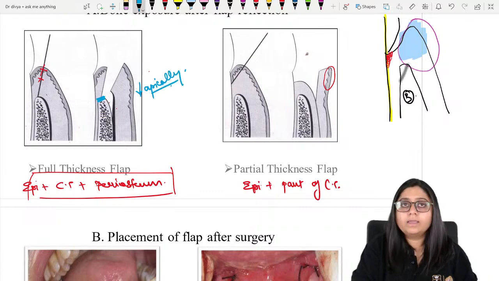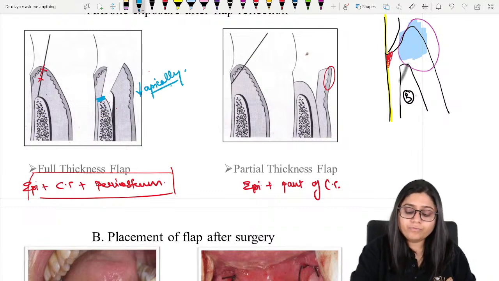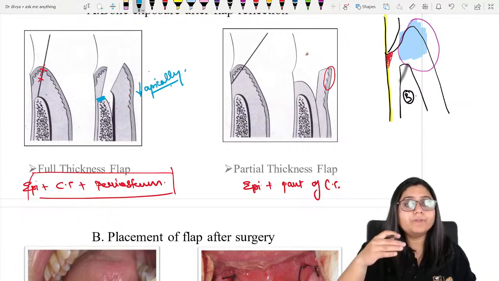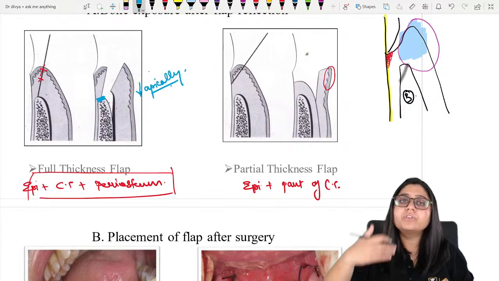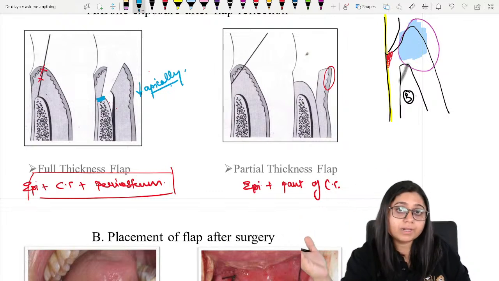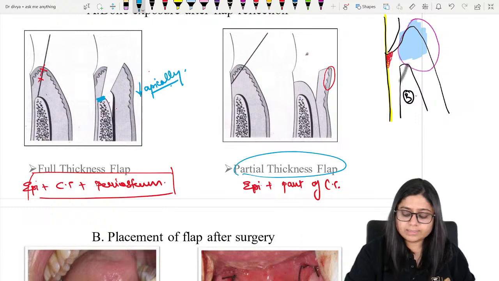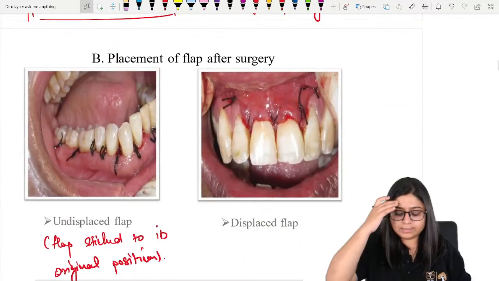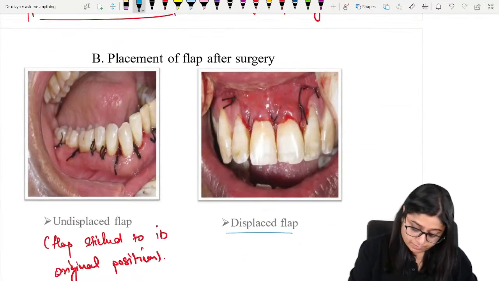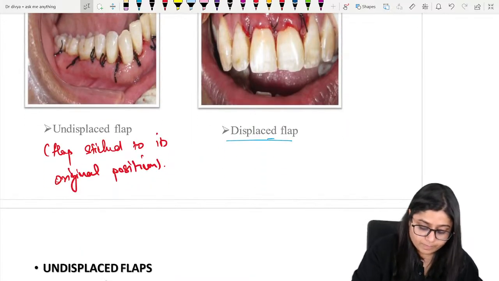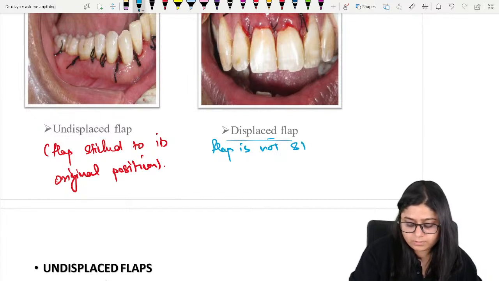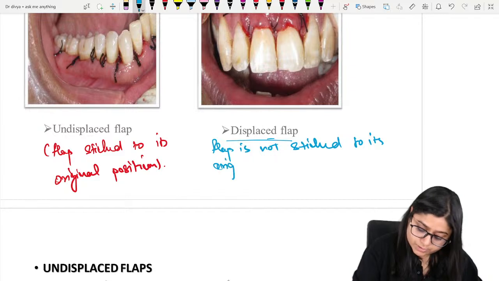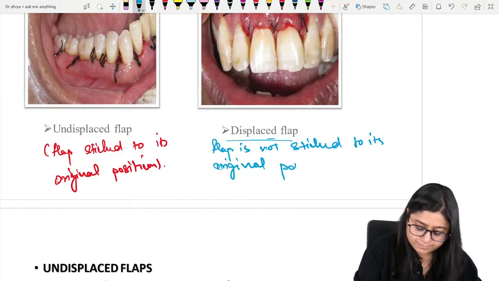We can also shift the flap coronally or laterally, as in the cases of recession coverages, where we are raising a partial thickness flap. In such cases, it is called a displaced flap, when the flap is not stitched to its original position.